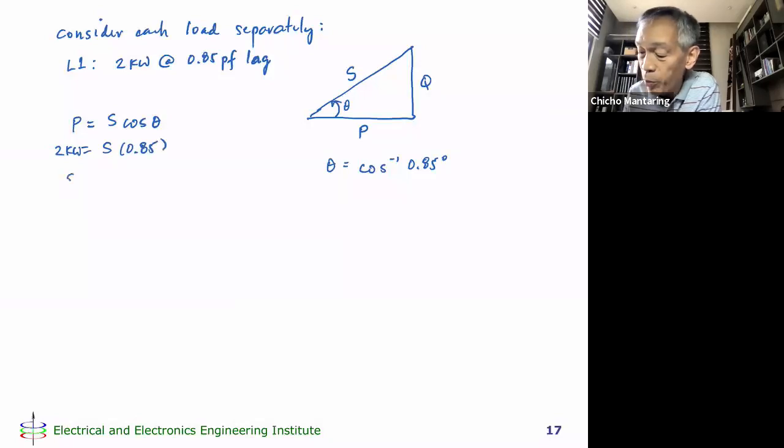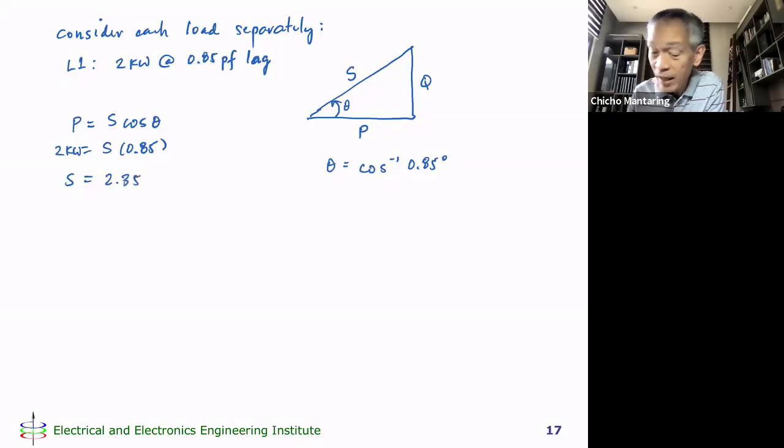So right away, I can compute for S. The value of S is 2000 over 0.85.